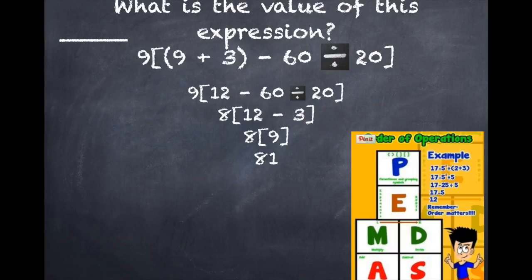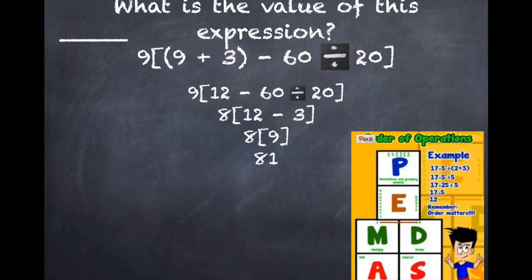So, we don't have exponents, but we do have division. So, we're going to divide first, 60 divided by 20. 60 divided by 20 is 3, so we'll put that down, mark it out, drop everything else down. Still working within those borders, we'll do 12 minus 3 equals 9.